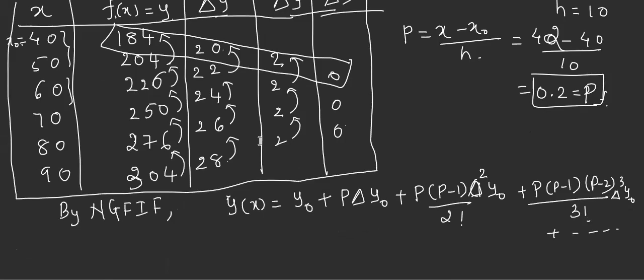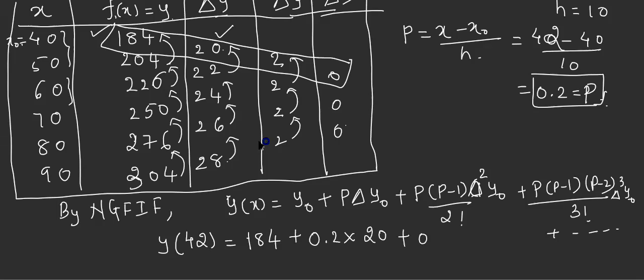Substitute the values. Y at which x are we finding? 42. Y naught value is the first entry in y, which is 184, right? P is 0.2 into delta y naught. First entry in delta y is how much? 20.